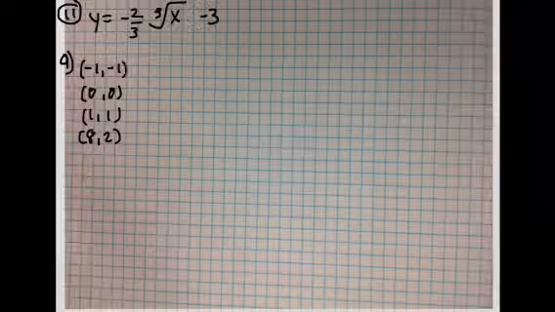Alright, so for number 11, you have a cube root function, and they want you to use reference points to transform, and we're going to graph it, state the domain and range, and describe end behaviors. Okay, so b is 1 and h is 0, so the x is not going to change at all.